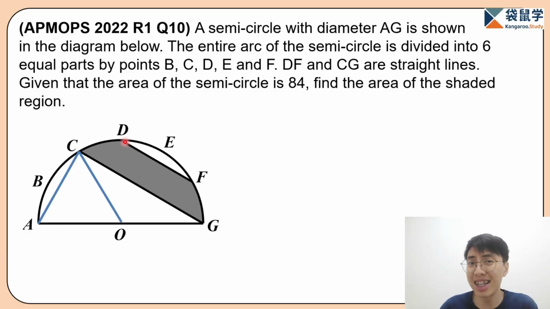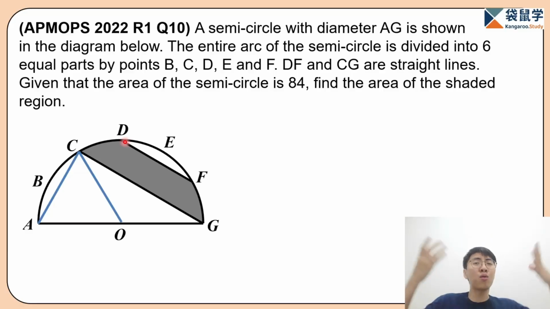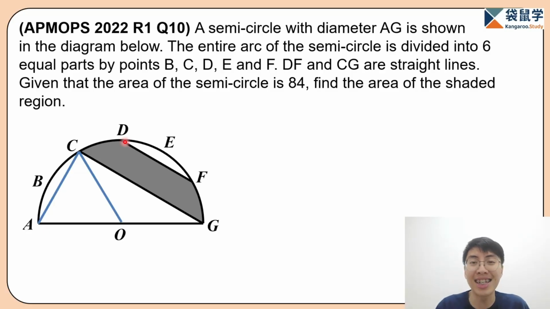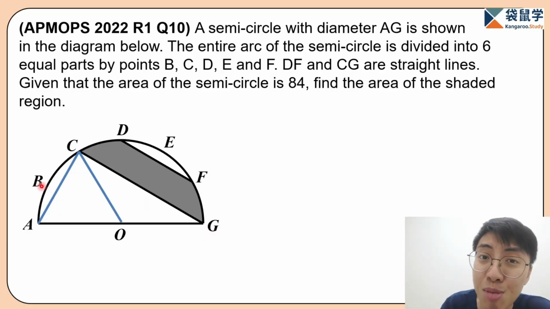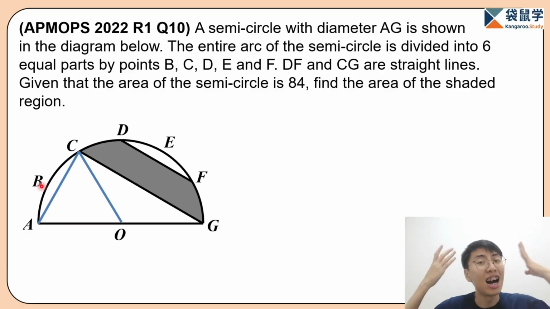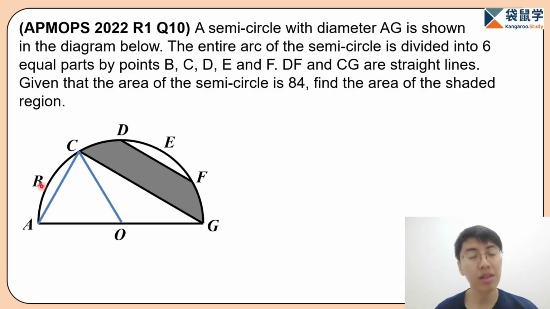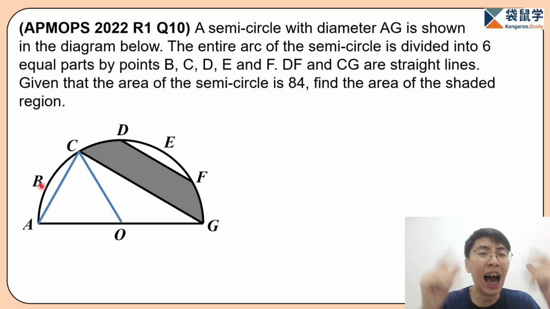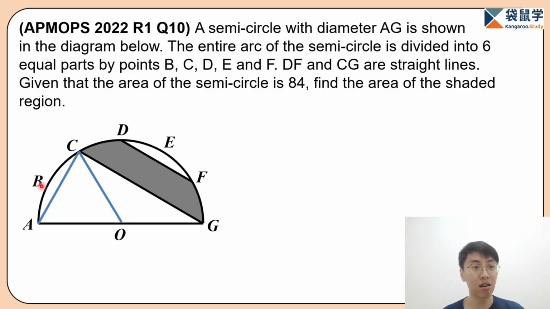Why are they the same? The question has already told us that the semicircle is divided into 6 equal parts by the points, and that means the distance between each of those points will be exactly identical.